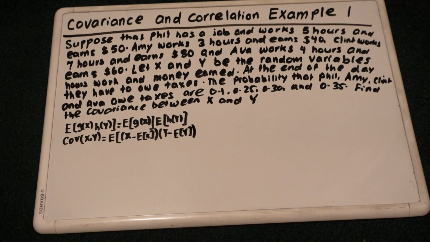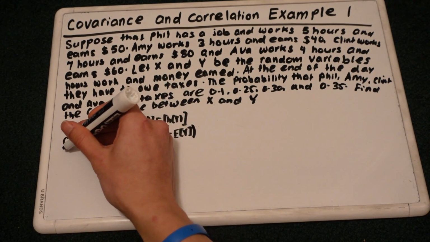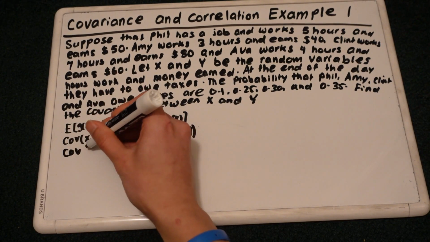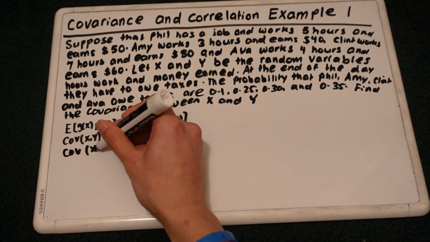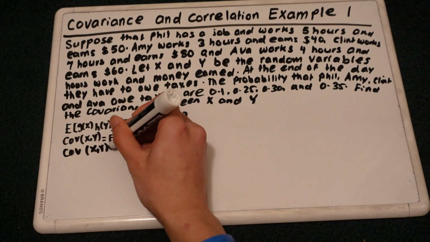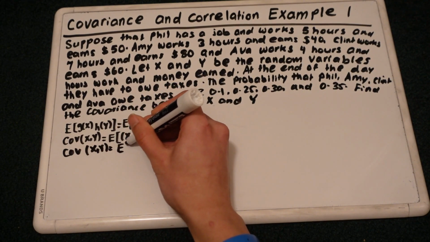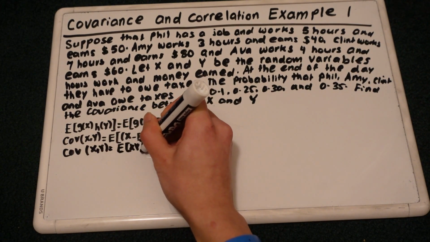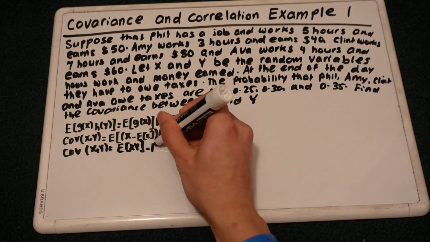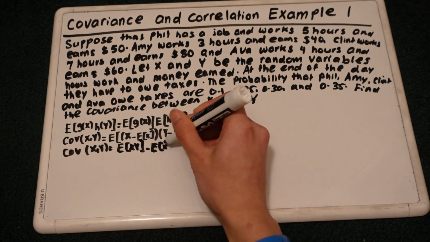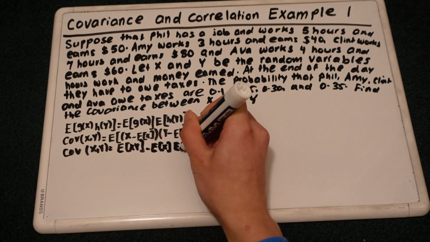If x and y are random variables, then the covariance of x and y is this formula. There's a simpler way I'd like to write this down for covariance. It would be E of xy minus E of x times E of y.